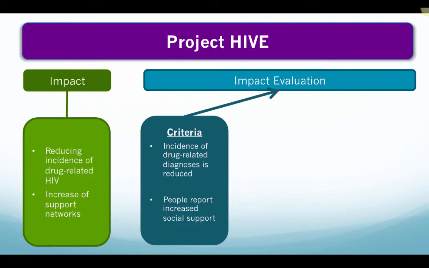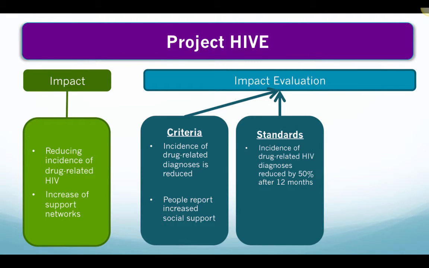And the standards, again, set by the program are a 50% reduction of the incidence of drug-related HIV positive diagnoses overall in the county after 12 months of the program being in place, and having support group attendees who are able to identify new support in their lives, including people and connections to other community organizations.